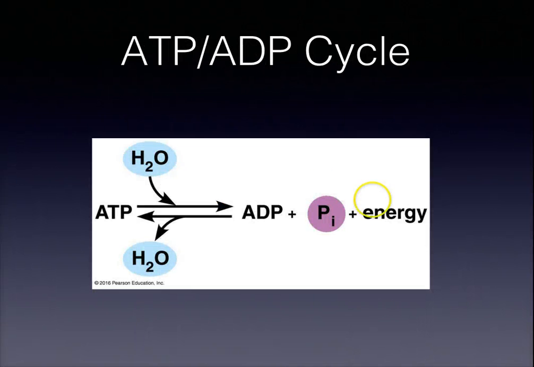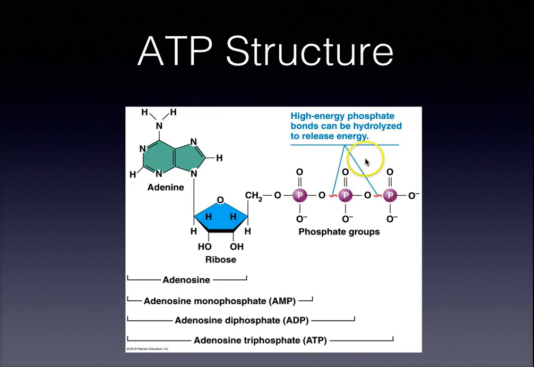And if we look at this ATP-ADP cycle, what happens is we have an ATP molecule, and with the addition of water, we end up with ADP, adenosine diphosphate. So in other words, we're just breaking this bond right here, okay?